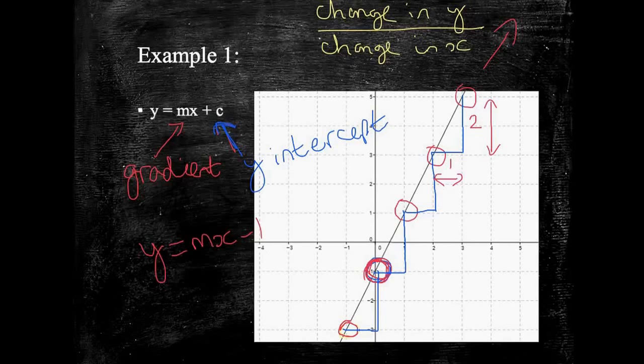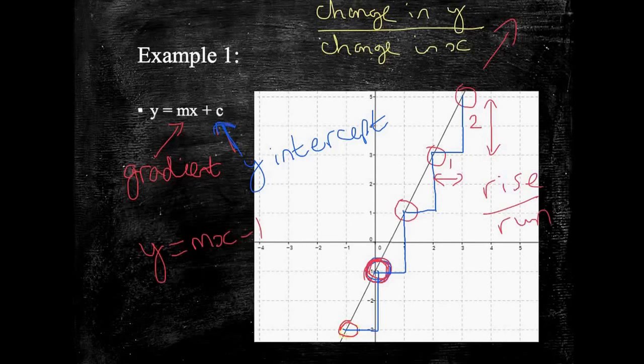Now, more often than not, you'll be able to remember this, and that's fine. When I was learning this, I used to forget which way round it was, and I couldn't remember if it was x over y or y over x. A more American way of thinking about it is something called rise over run, which I've started to use more myself. I find it easier to remember. So rise over run.